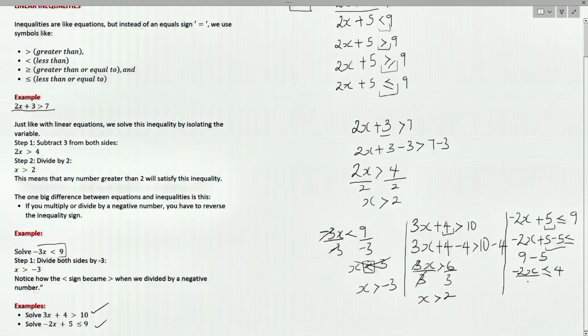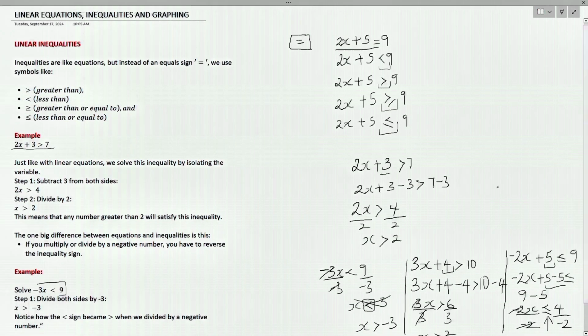We divide both sides by minus 2. Now, when you divide both sides by minus 2, the inequality sign changes. When we have less than or equal to, now it becomes greater than or equal to. So this minus 2 cancels this, and then we have x is greater than or equal to 4 divided by minus 2, which is minus 2. So this is how we solve linear inequalities.